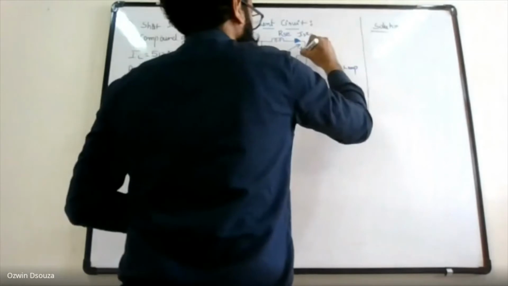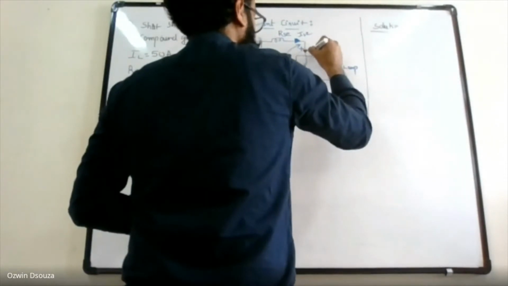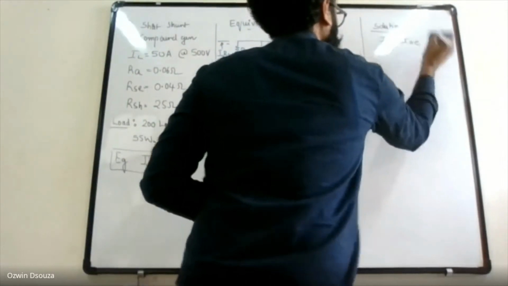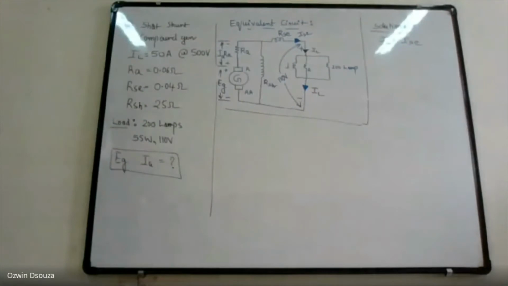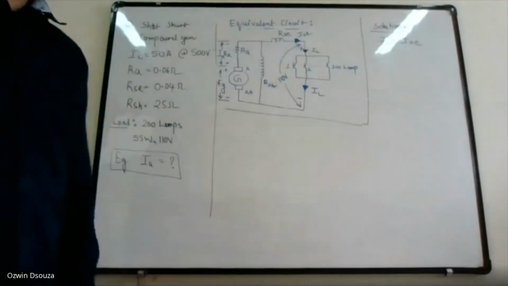Solution: this itself is your load current. So load current IL is equal to ISC for a short shunt machine, because the same series current will flow as the load current.